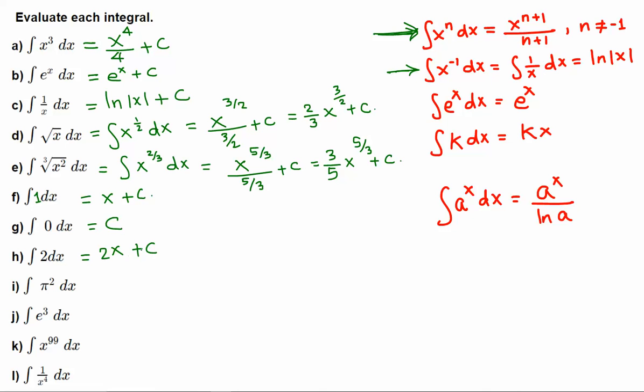Or we can refer to F and H in this formula on your right: the integral of k dx is just kx, because the derivative of kx is just k.